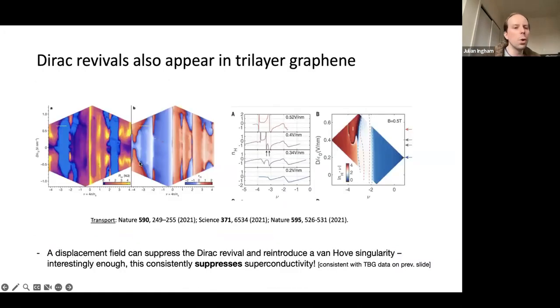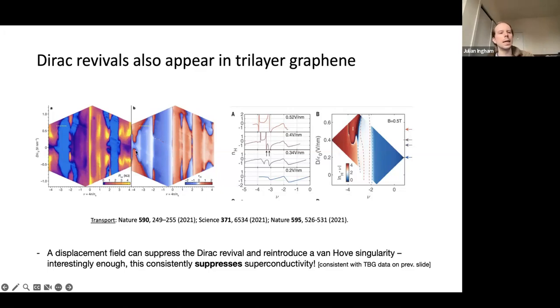So Dirac revivals also appear in twisted trilayer graphene, and in fact, the exact same trend is observed. An applied displacement field, which is basically just an electric field applied perpendicular to the sample, can also be used to suppress the Dirac revival and replace these features with a Van Hove singularity.